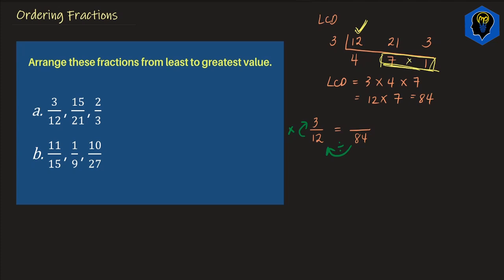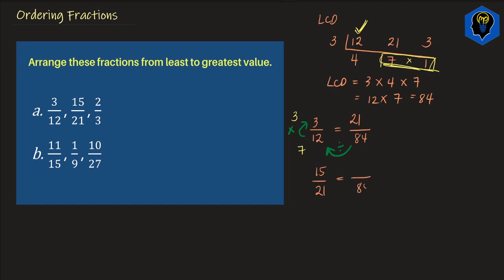So, what is 7 times 1? Yun yung quotient. Pag dinivide mo yung 84 by 12. So, 84 divided by 12 is 7. And then you multiply it by 3. The answer will be 21. Okay? Next, we have 15 over 21.